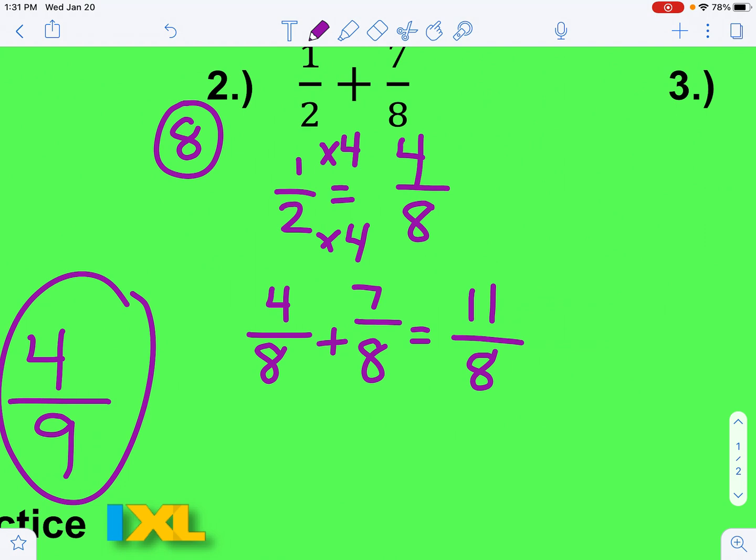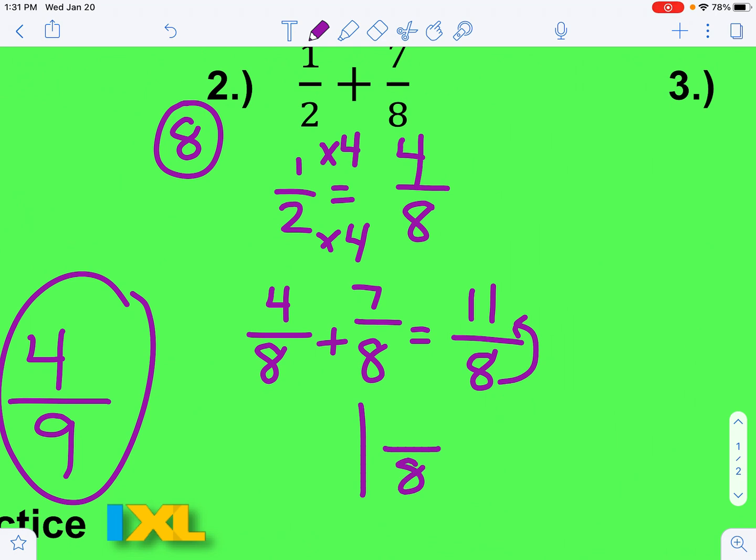Now we want to simplify 11 over 8. Well, I don't know about you, but I don't really like improper fractions. It's hard to figure out what that number even looks like. So let's change this to a mixed number. I know that 8 fits inside 11 only one time. Our denominator is going to stay 8.